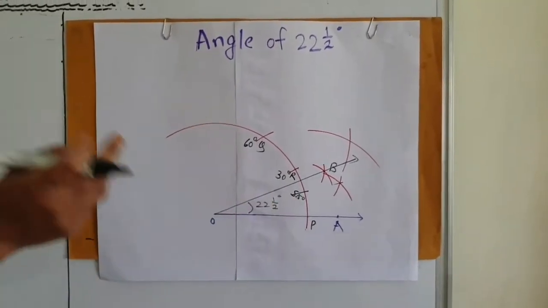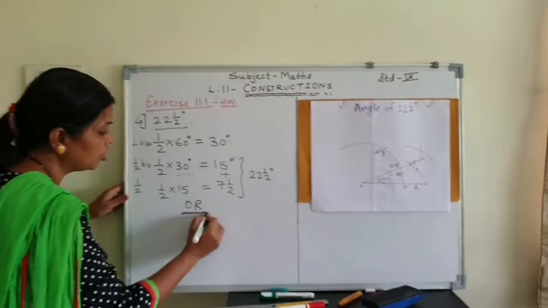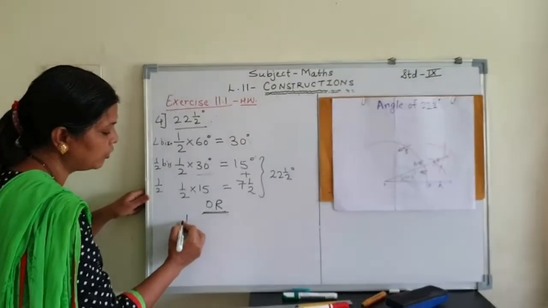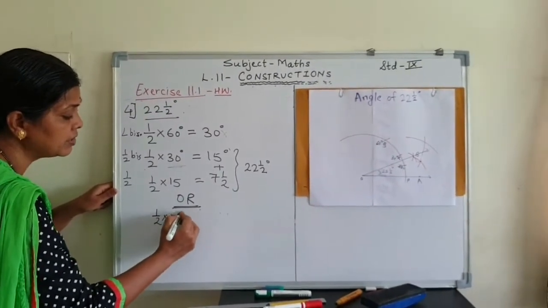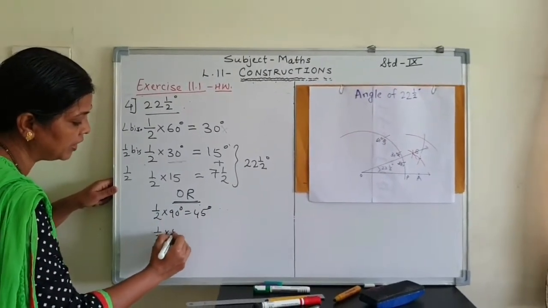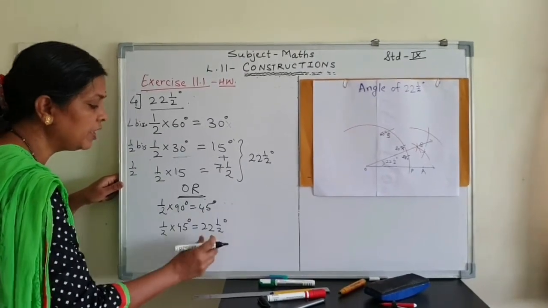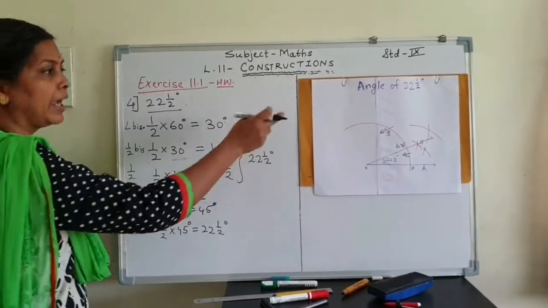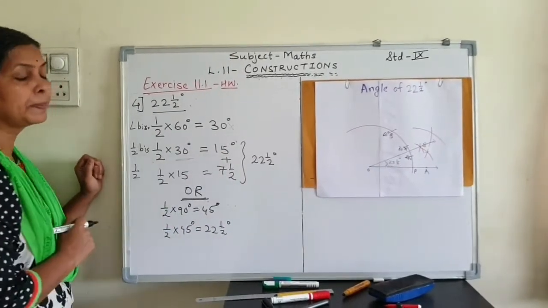Now even this angle can be constructed another way. You can say or. Now you know, first you have to construct the 90 degree angle, and half of 90 degrees is 45 degrees, and then half of 45 degrees is 22.5 degrees. So even here you have to take 3 angle bisectors, or you can do it this way.